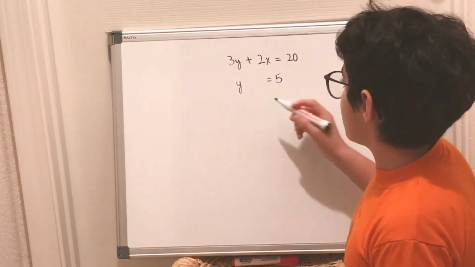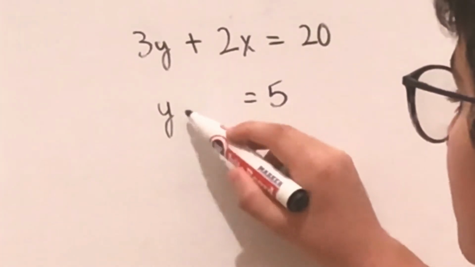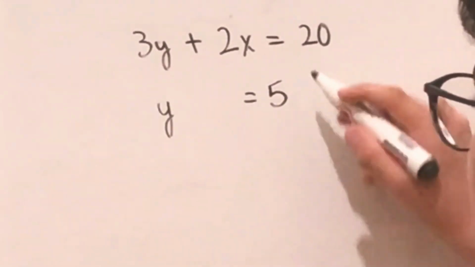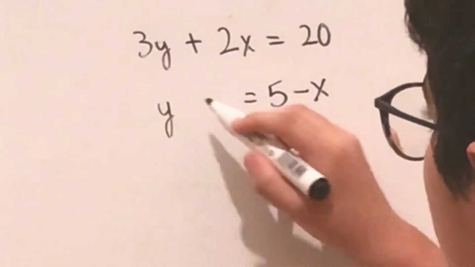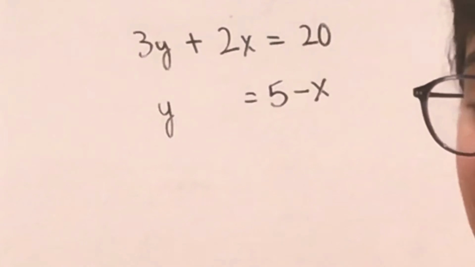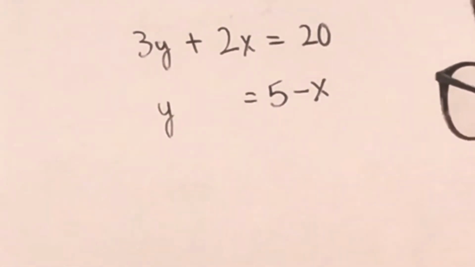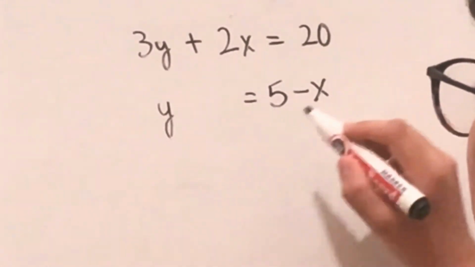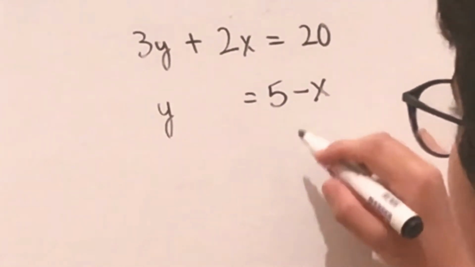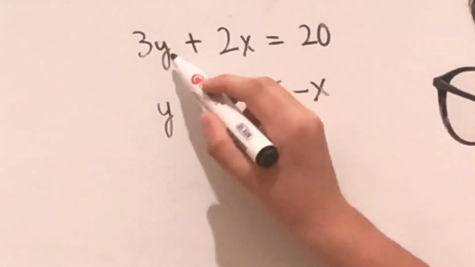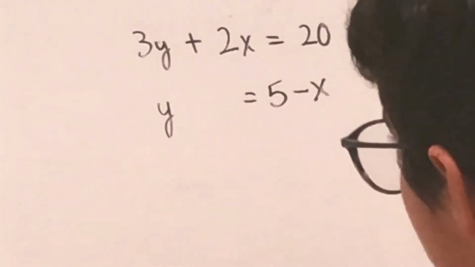So it was y plus x. We'll subtract x from this side and from this side. We get 5 minus x, because there was a y plus x, then we subtracted an x, so the x's cancel out. So basically now what we have is y equals 5 minus x, and we can input that into the 3y.